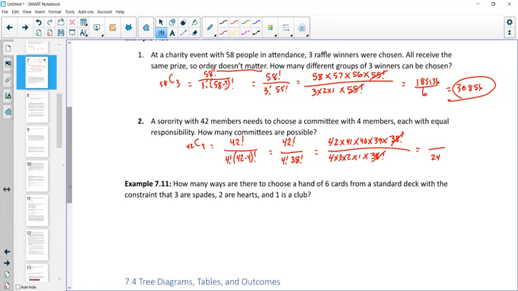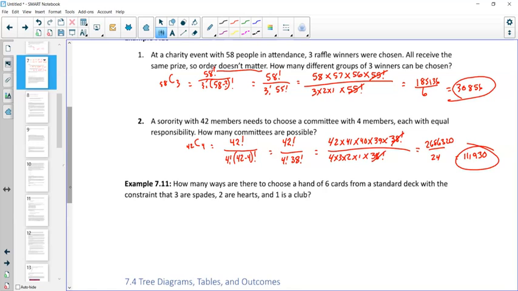So we have 42 times 41 times 40 times 39. Gives me a whole lot. 2,686,320. Divide that by 24. And I get 111,930 different members, groups, committees.